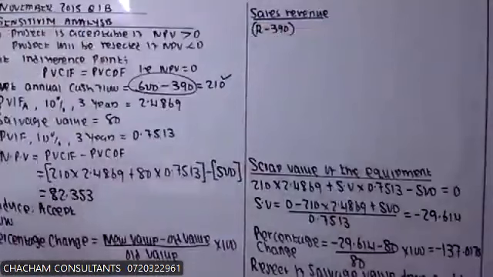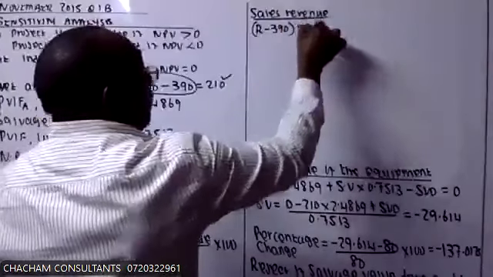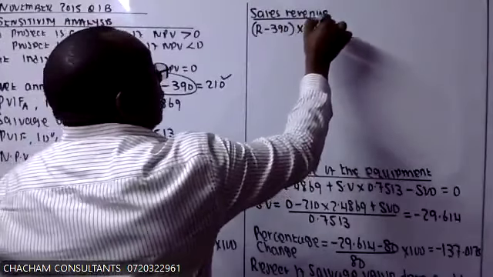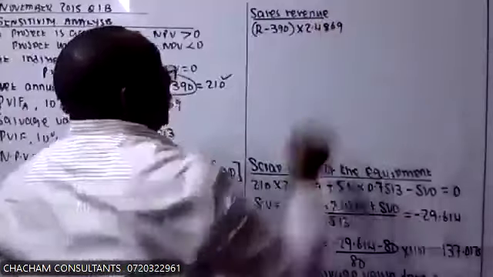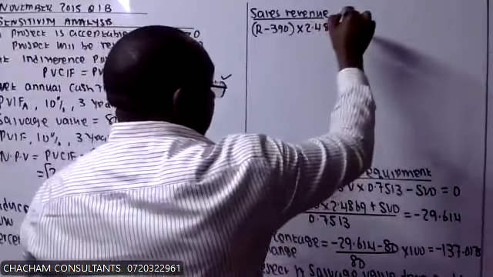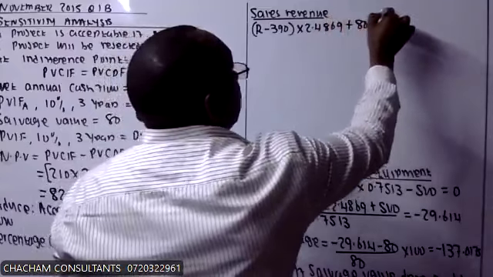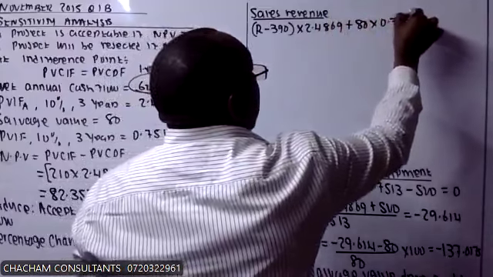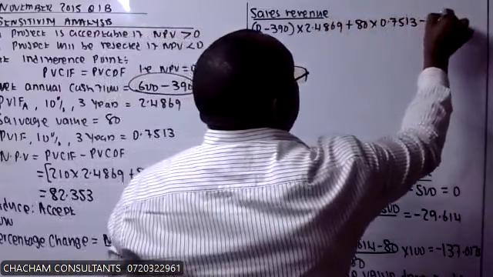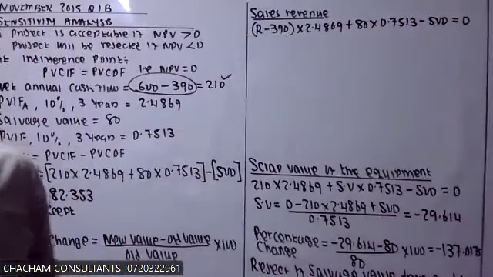Hiyo ndio inatupea 210. We multiply by 2.4869 plus 80 times 0.7513 minus 500. We should get a 0 there.